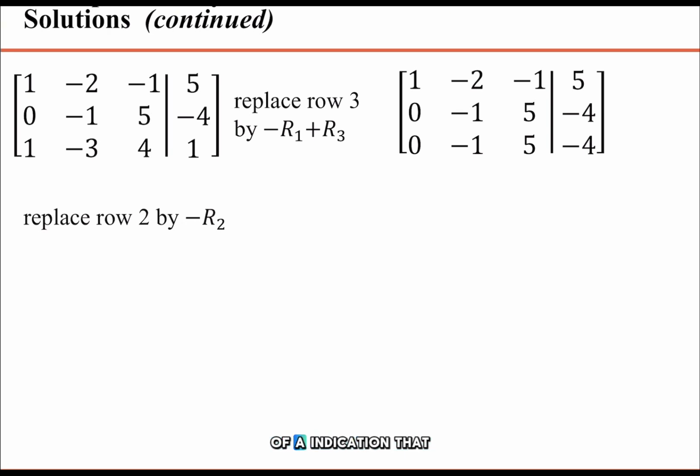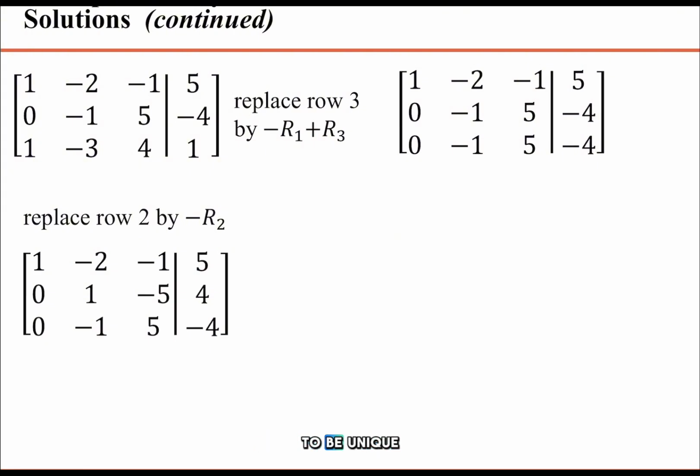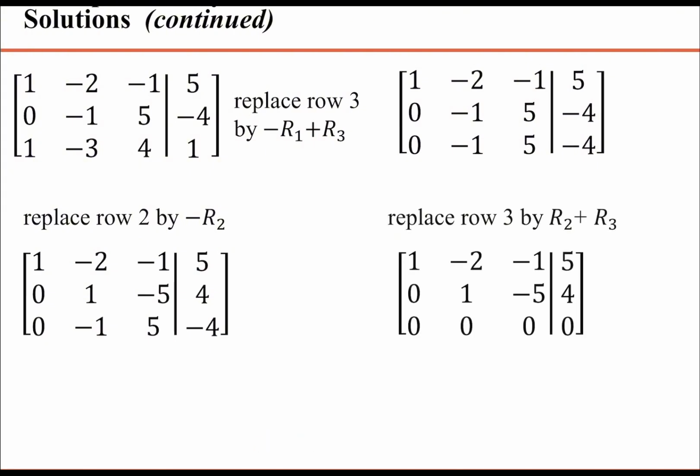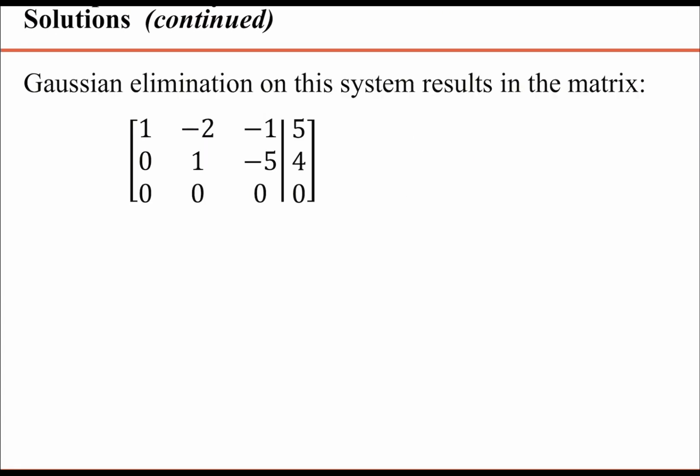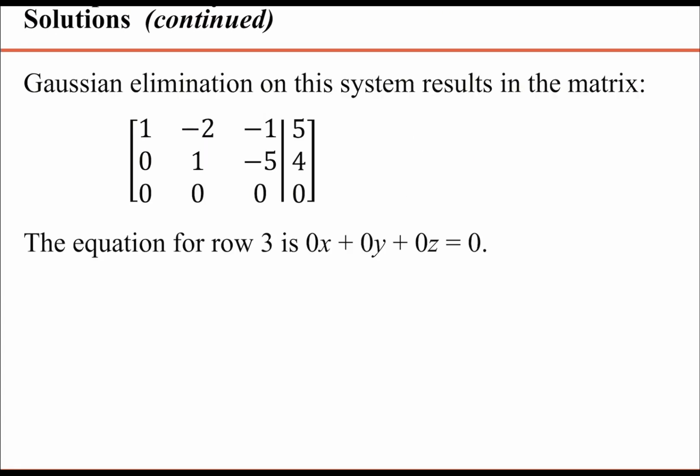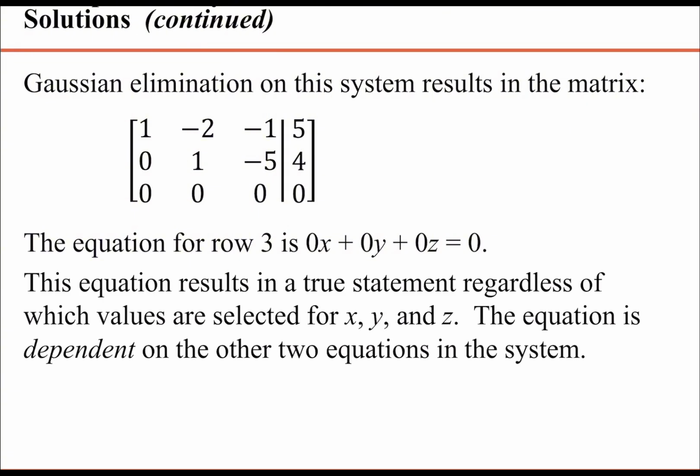That's a little bit of an indication that something is not going to be unique. This equation results in a true statement regardless of which values are selected for x, y, and z. The equation is dependent on the other two equations.